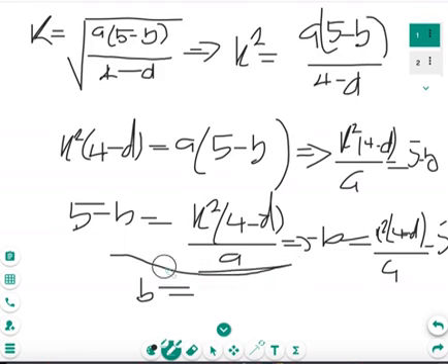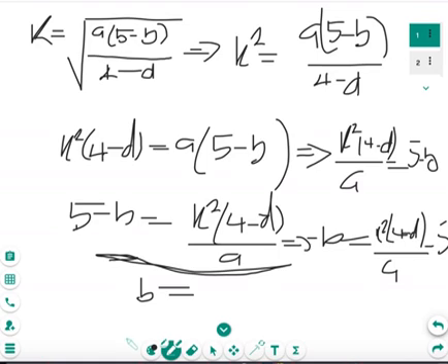If you multiply through by minus 1, this becomes minus 5, this becomes b, and this whole thing becomes minus k squared into bracket 4 minus d bracket close over a. But you can do it at this stage as well. Maths is something that you need to understand, that you can do a whole lot of things if you understand how to do things. You can do it at every stage if you want to.